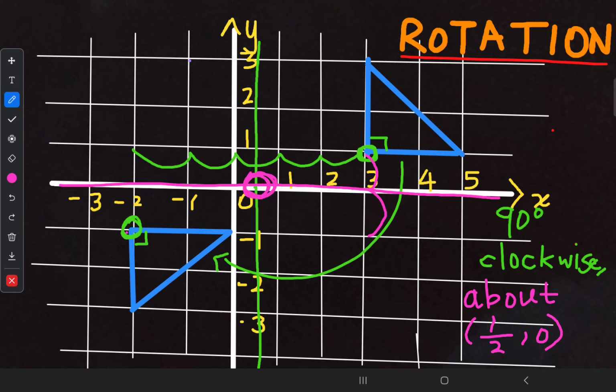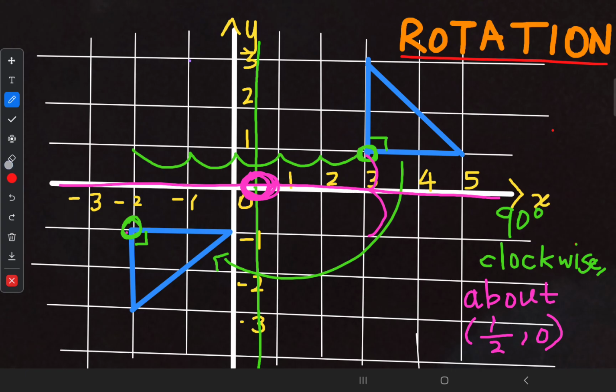How did I find that? In the x-axis, the displacement is 5, so half of it would be 2.5, that means it is located at 0.5. And in the y manner, the displacement is two values, so the mid value is located at 1. The intersection of these two lines is the place of rotation.